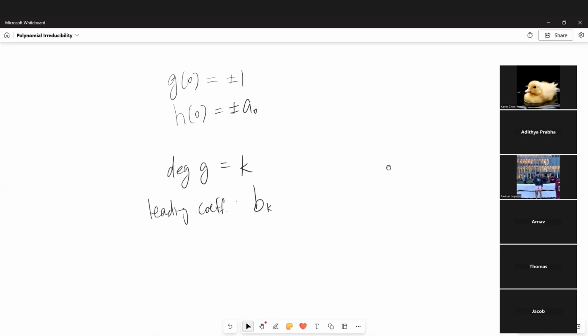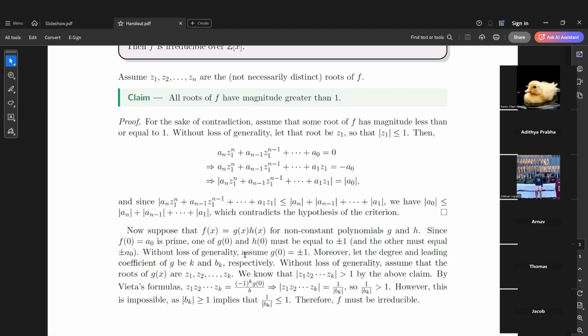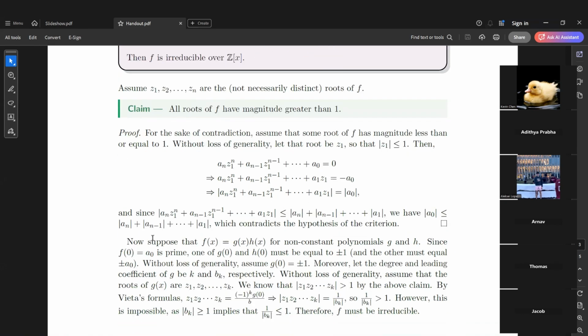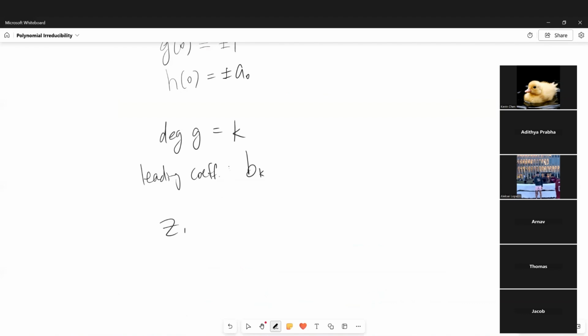And now we can use Vieta's formulas, because right here, we can assume that the roots of g of x are z1 all the way to zk, because we already assumed that the roots of f are z1 all the way to zn. And since g of x is a factor of f of x, all the roots of g of x must be roots of f of x. And so we can write the roots over here.